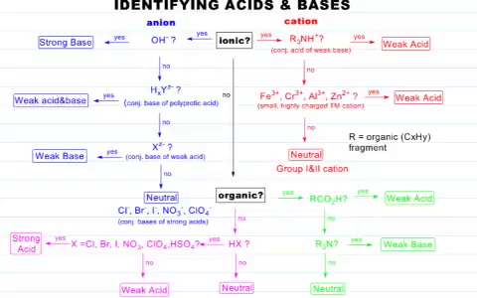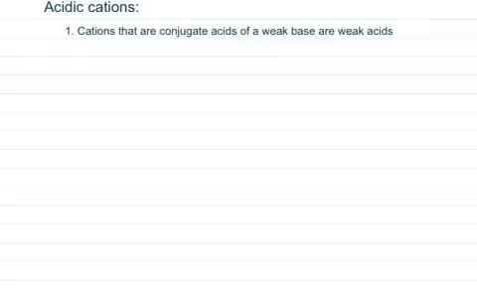So let's get started. Alright, so let's look at acidic cations. First one, cations that are conjugate acids of a weak base are weak acids. So we should know this. A weak base will have a conjugate weak acid. So let's look at an example.